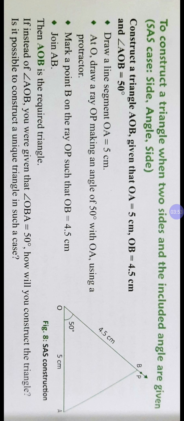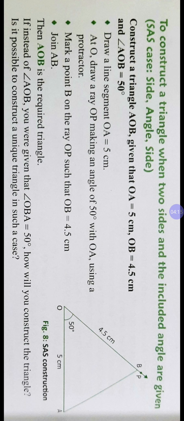Now we will take a compass of 4.5 centimeter and draw an arc from point O. The point where this arc will cut the line OB will be B. So from B to A we will join and we will get the triangle.